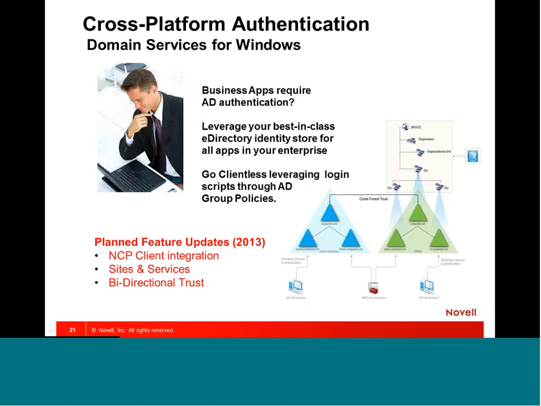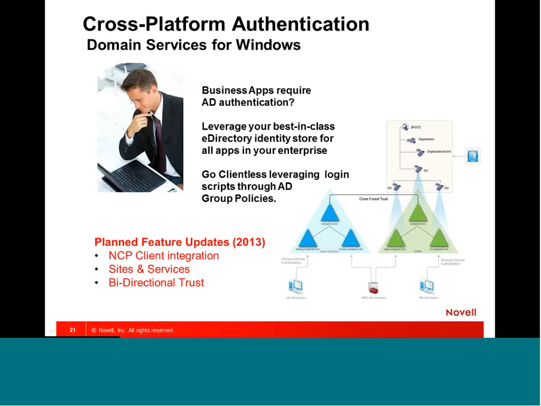And then as we look at domain services for Windows, we're doing some things there. This, of course, allows your OES server to look like an Active Directory domain, and there are cases where you have applications that need Kerberos authentication, and you don't want to go buy an AD server for that. You can use your existing OES server for that.